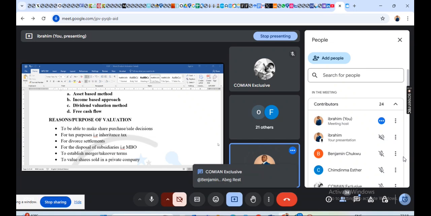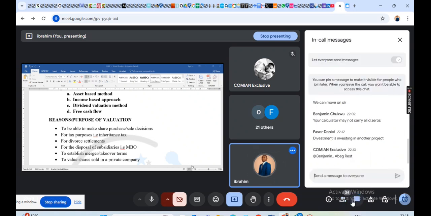Now, management buyout means that you sell to whom? You sell to the external purchaser, you sell it out, you don't want it, because the subsidiary is not performing well.